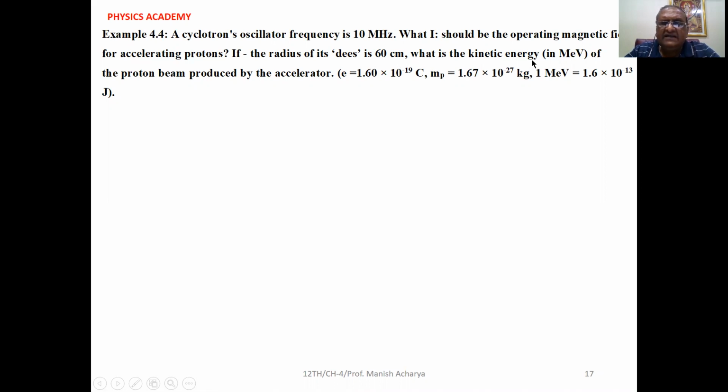What is the kinetic energy in MeV of the proton beam produced by the accelerator? Charge, that is 1.6 into 10 raised to minus 19 coulomb. Mass of proton, that is 1.67 into 10 raised to minus 27 kilogram. 1 MeV, that is 1.6 into 10 raised to minus 13 joule.